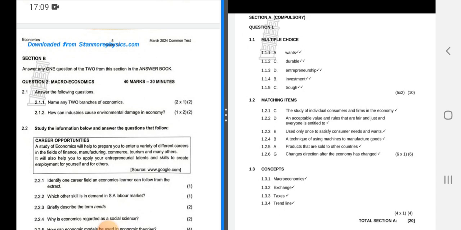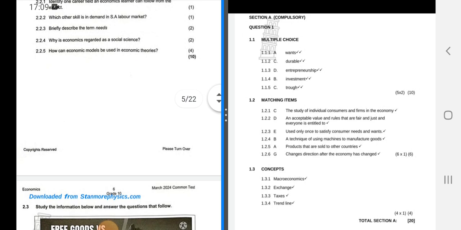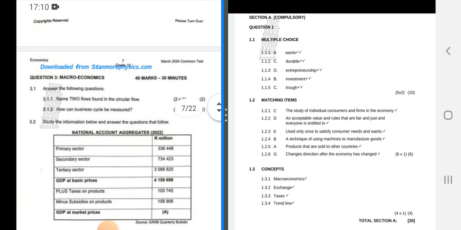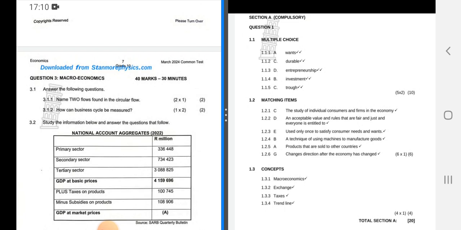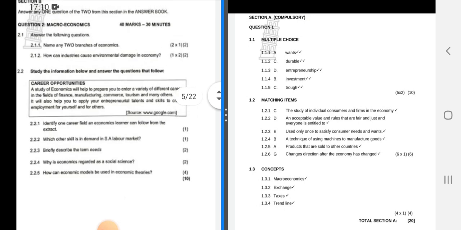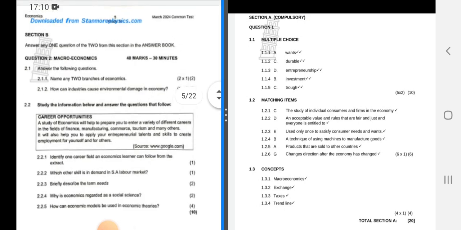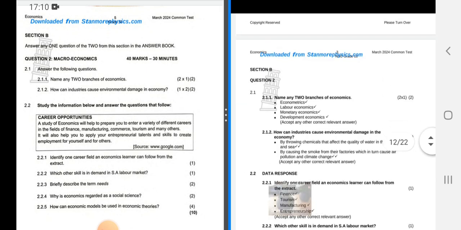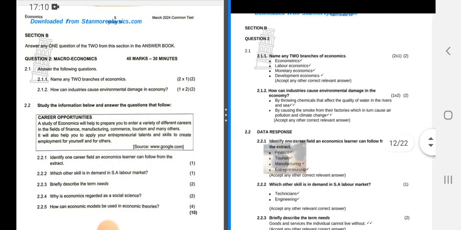So look at the questions, mark them with your pencil, and see how many questions you can answer from question 1 and question 2. Where you can answer the most questions, that is the question that you will run with. Okay, so don't just go with the first question. Mark yourself.